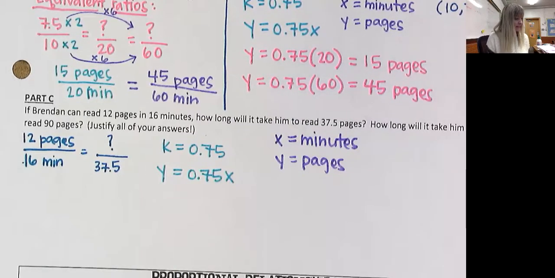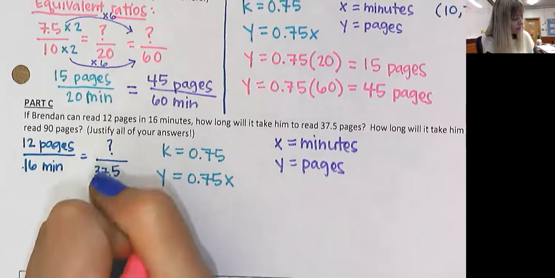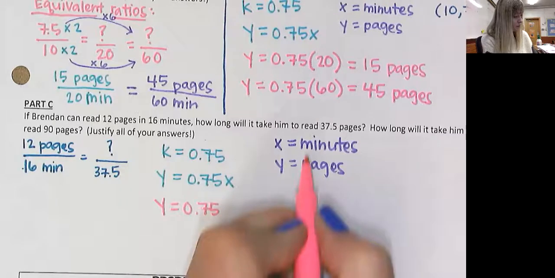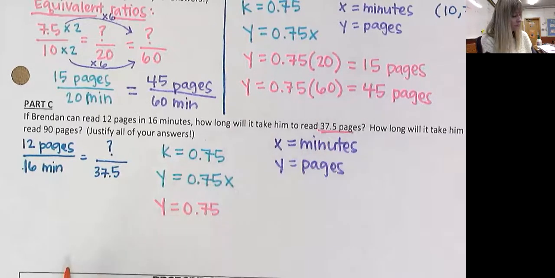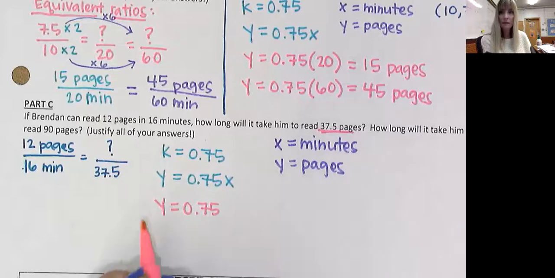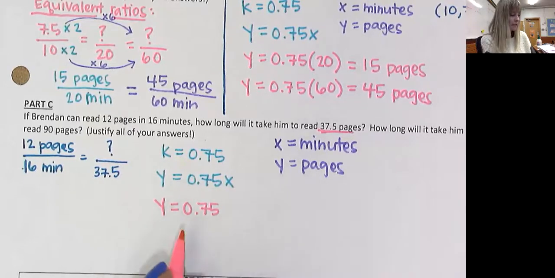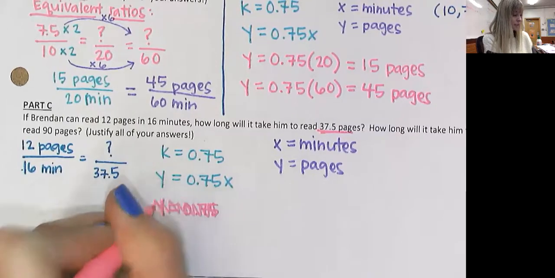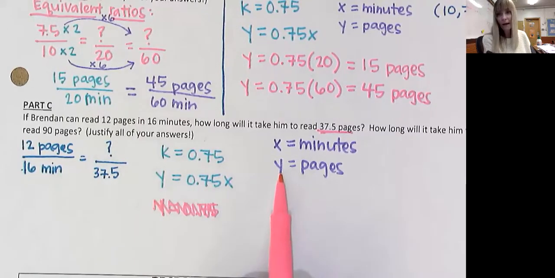And now I can take this equation and I can plug in whatever they ask for, which the first thing they ask for is 37.5. Oh my goodness. 37.5. Not only that, but they gave me pages instead of minutes. Tricky. Do you know what that means?